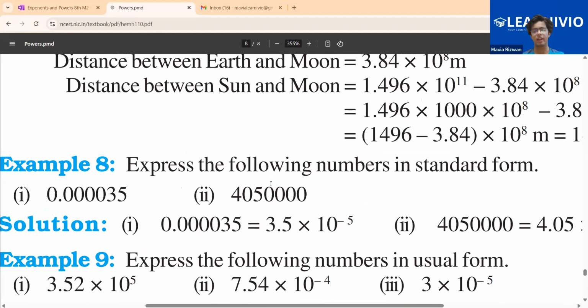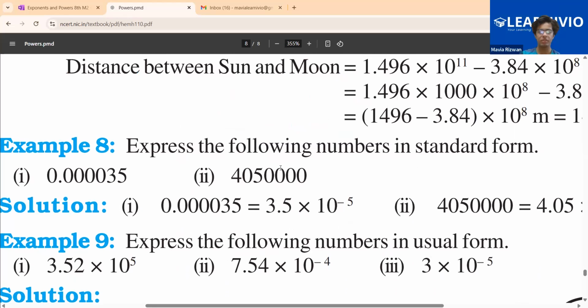I want you all to try example number 9. All of you, please try example number 9. This one. All the three parts, try it out. Sir, all the three? Yes. All the three.